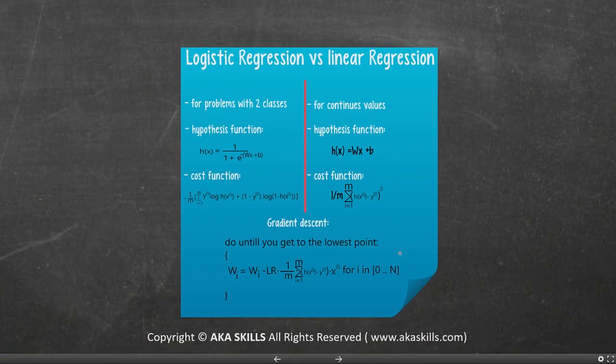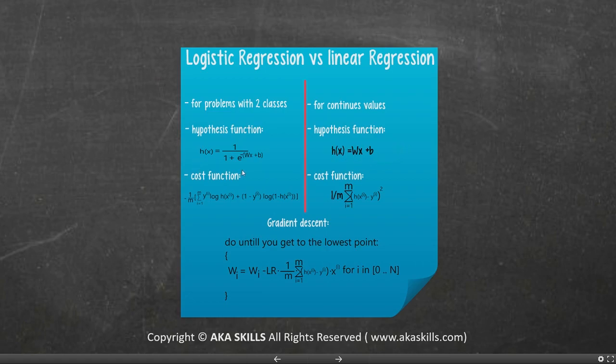So let's do some comparison between linear regression and logistic regression. Logistic regression is for problems with two classes, to classify things with just two classes, while linear regression is for continuous values, to do regression. The hypothesis function for logistic regression is the sigmoid of wx plus b, so h of x equals the sigmoid of wx plus b, while the hypothesis function for linear regression is simply wx plus b.